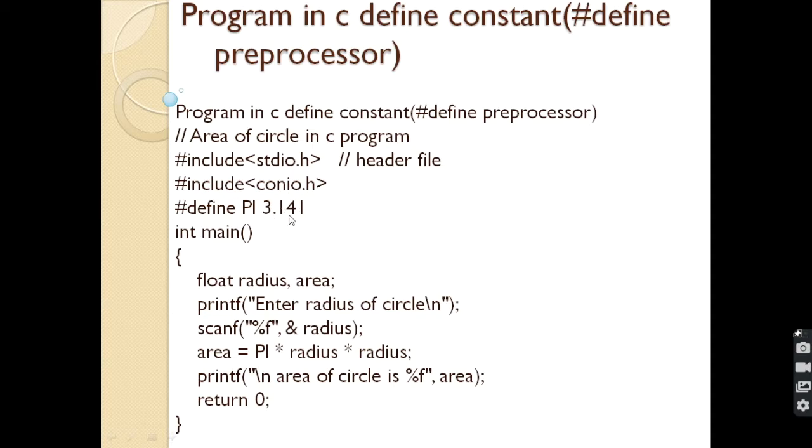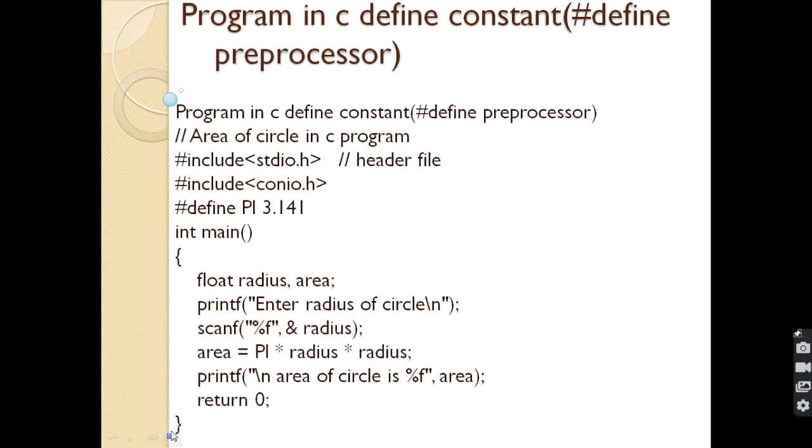We define the value of pi. int main, start of the main function, float radius, area, printf enter radius of circle, scanf %f and &radius. According to the formula, the area of a circle is pi r square. Area equals pi asterisk radius asterisk radius. Radius means r. printf area of circle is %f, area, return 0.